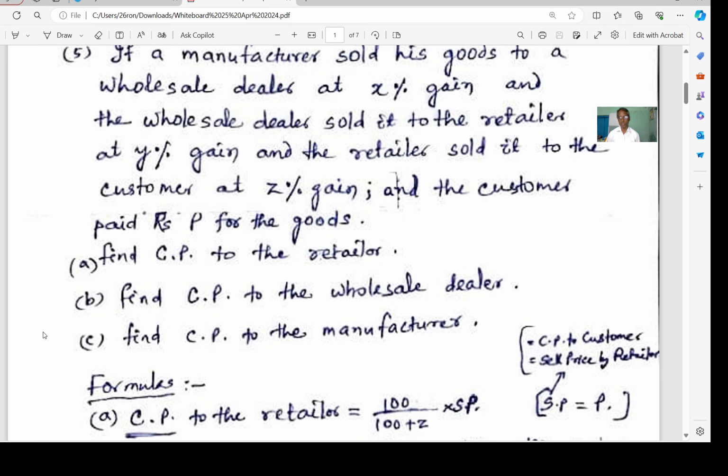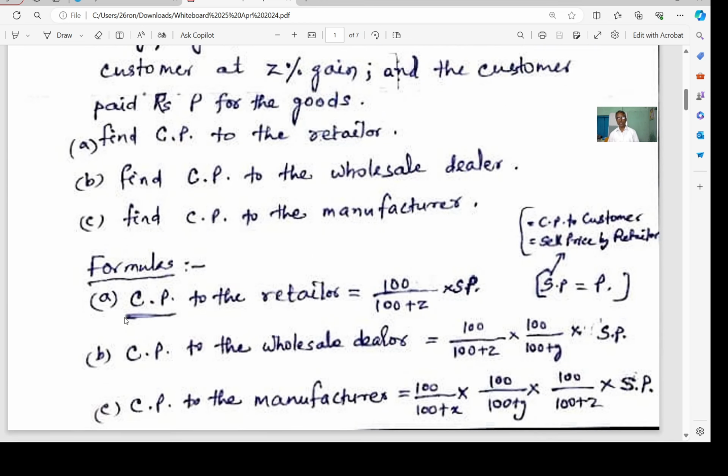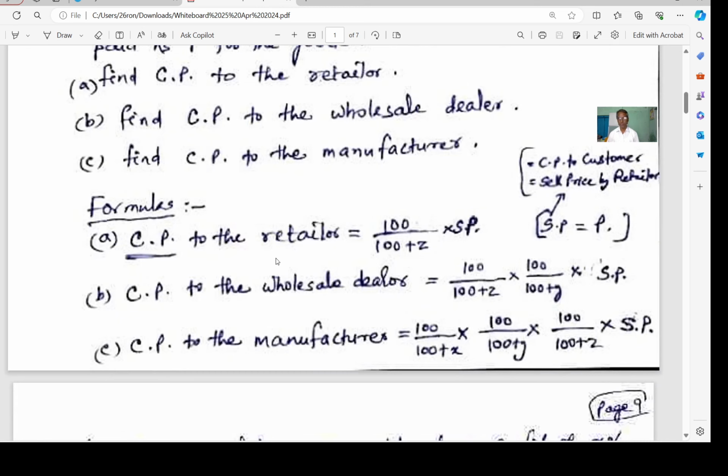There are three formulas. Formula 1: cost price to the retailer is equal to 100 by 100 plus Z multiplied by SP. SP means here P. This is the sale price by the retailer, which is also equal to the cost price to the customer.